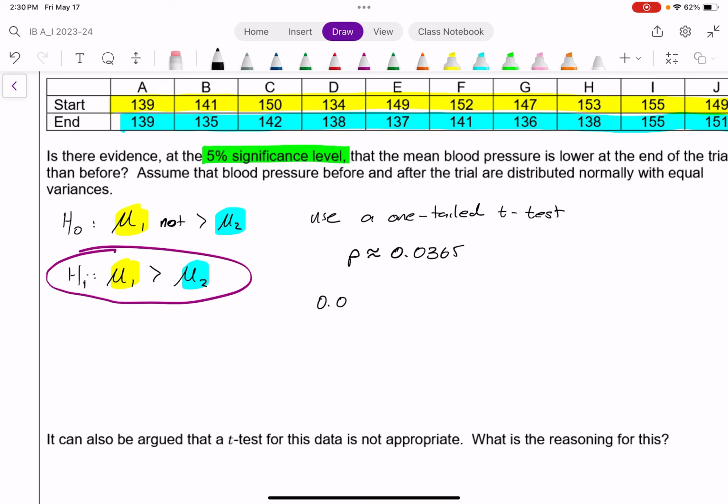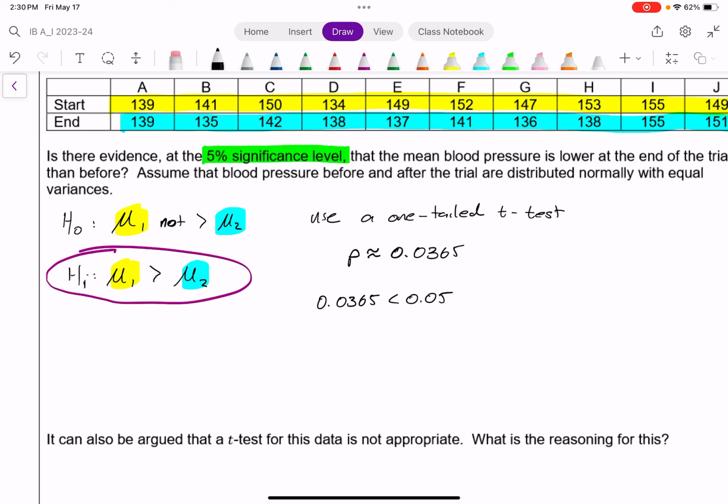So since 0.0365 is less than 0.05, that means the probability of this drop being purely by chance is smaller than our threshold, which means we have enough evidence to reject our H naught, because there is an even smaller probability of this occurring by chance than we were willing to accept.